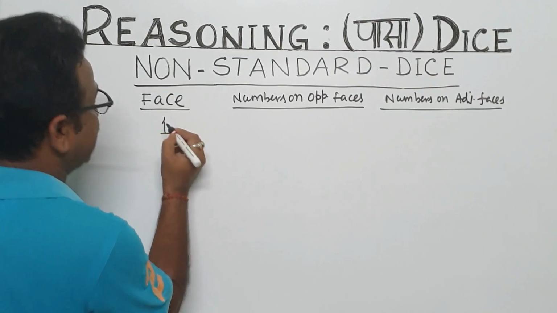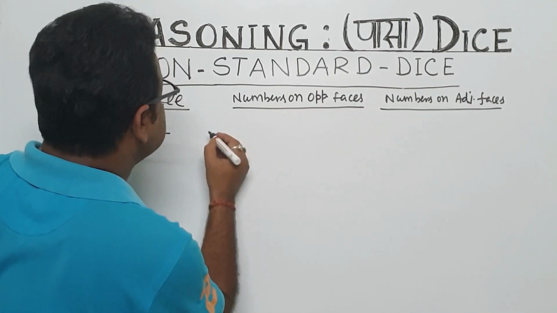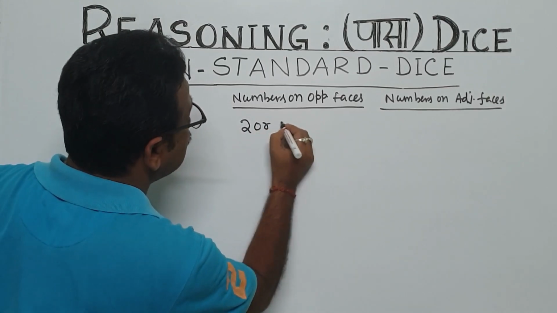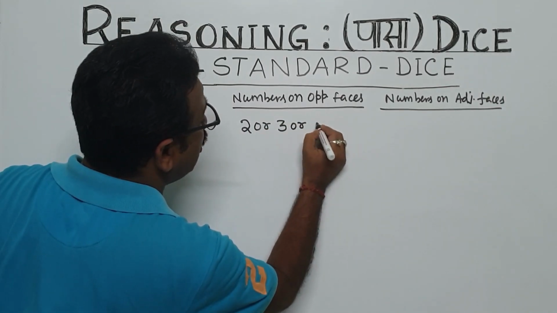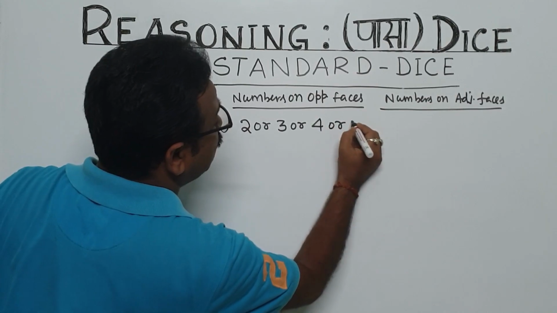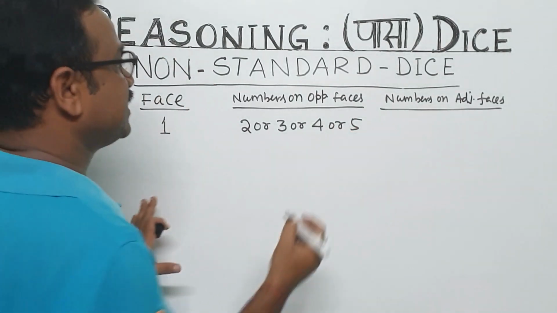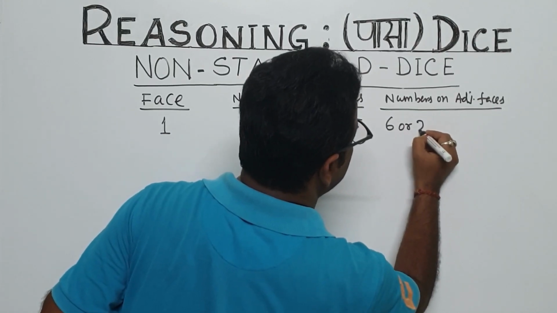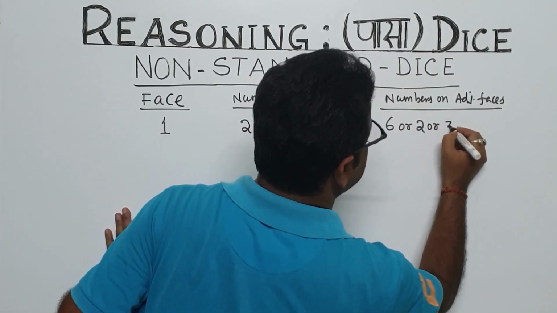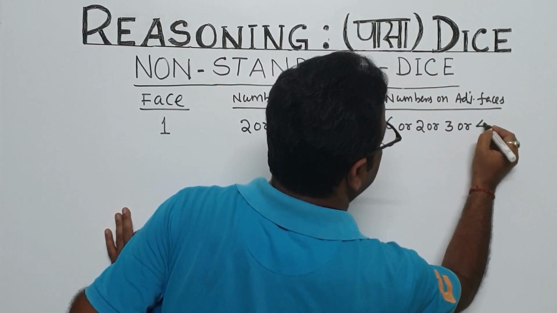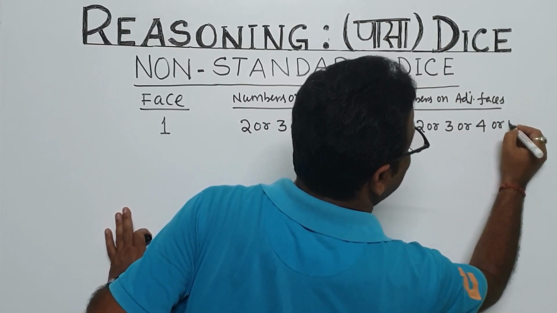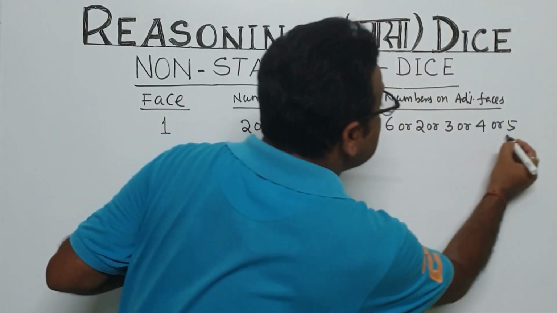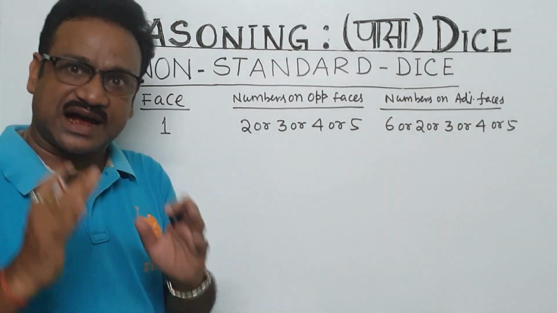If the face is 1, the number on the opposite face will be 2 or 3 or 4 or 5, but cannot be 6. Except the number itself, all other numbers will be on the adjacent faces.